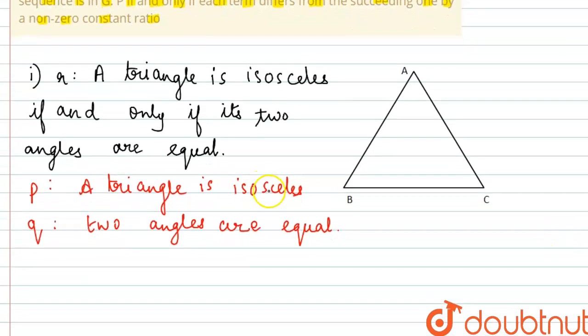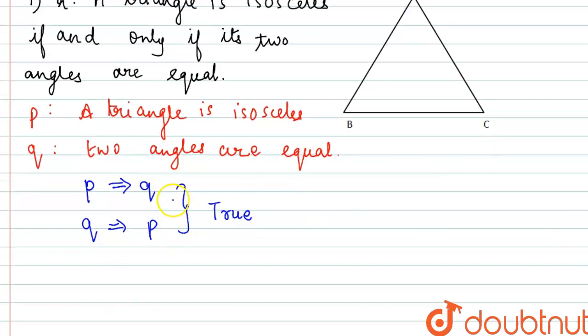So here for validity, we'll use the method that is P implies Q and Q implies P. We have to prove that this is true in order to prove the statement is valid. So we'll make use of this triangle ABC in order to prove this. So we'll start from P implies Q. So in P implies Q, we'll assume that P statement is true.